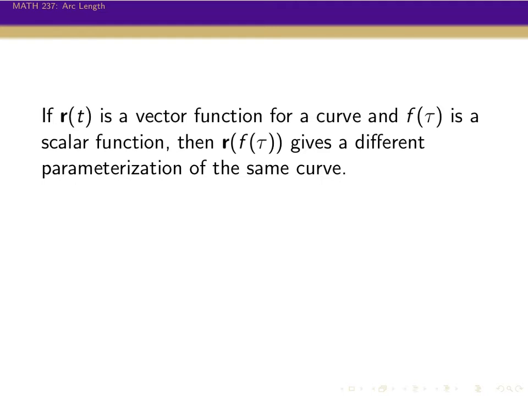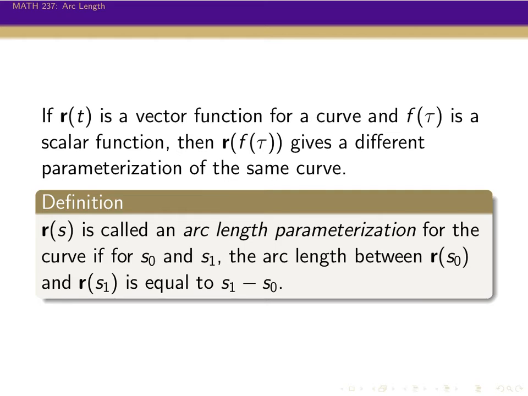So if we compose some scalar function into the vector function, we're just getting a different parameterization of the same curve. Well, this brings us to a special parameterization, called the arc length parameterization. We usually use s to talk about arc length, and if we write a vector function as r of s, we're usually saying that it's in the arc length parameterization.